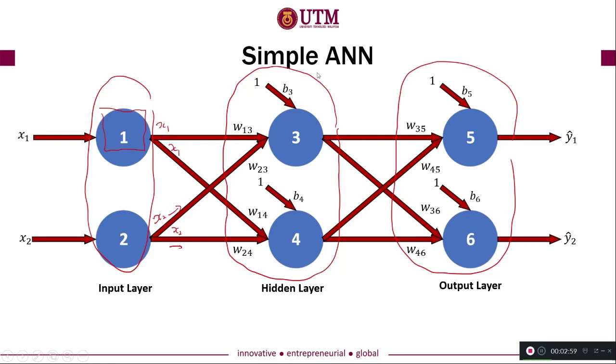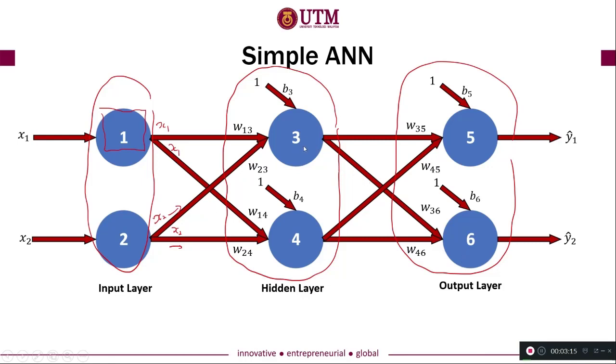So just remember that even though this is a simple artificial neural network, it's a multi-layer perceptron, because you have more than one layer, meaning a hidden layer and an output layer, which consist of neurons.